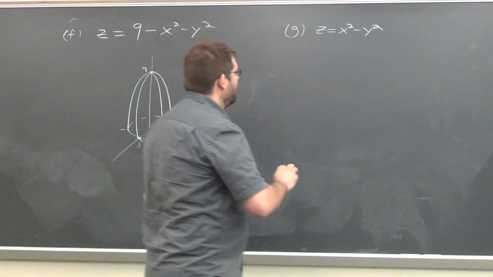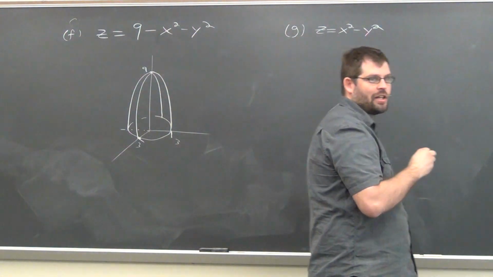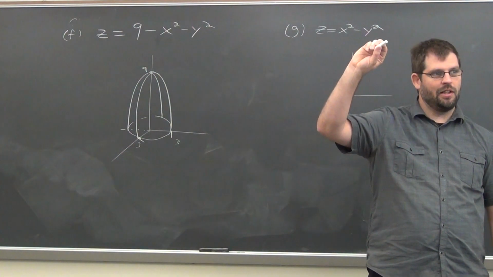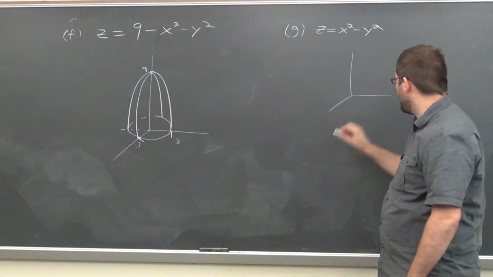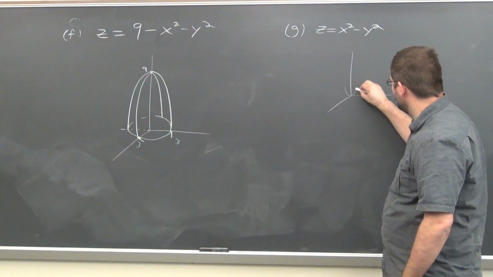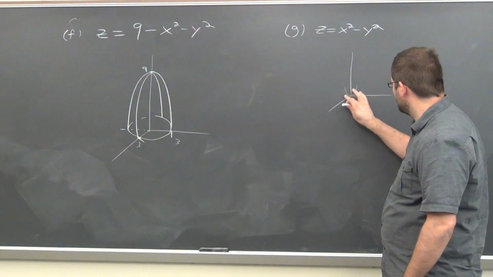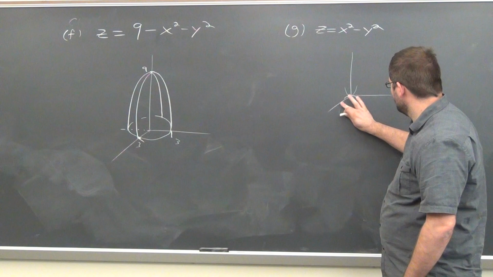How about this one? So in the x direction, it's behaving like a parabola up, right? And in the y or z, it's a parabola down, right? So it opens up like this in this way, and it opens down in the other way. So this one's definitely harder to visualize what's happening.